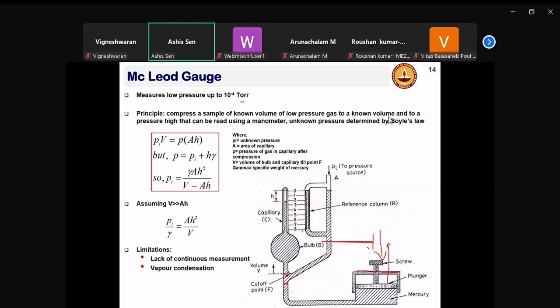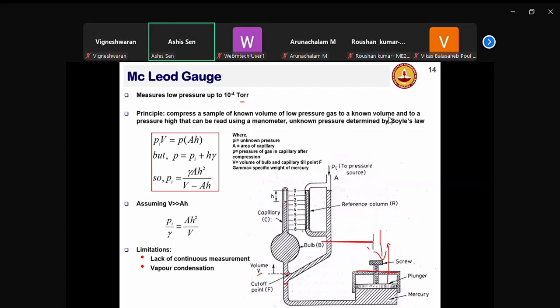The volume of this region is V. That is now compressed to this small volume, with compressed pressure P, into the cross-sectional area of this tube A, into the height H of this source fluid: P into A into H.